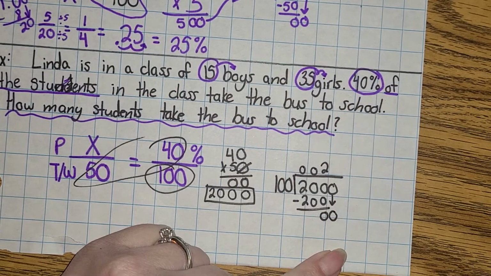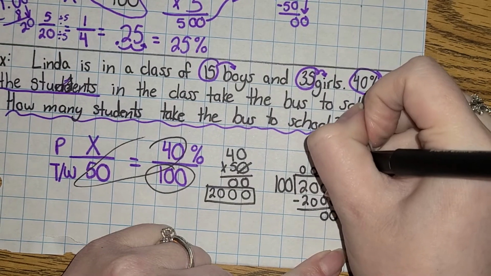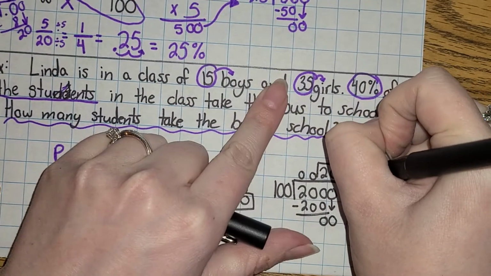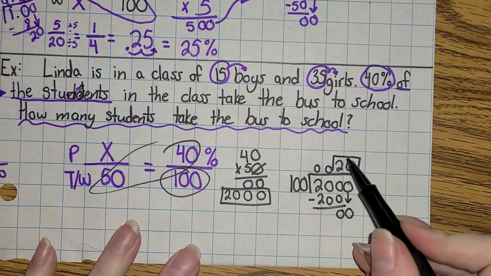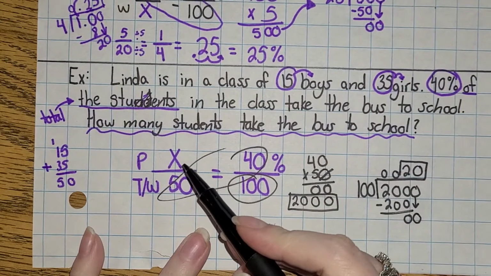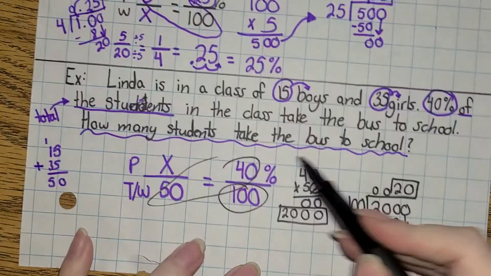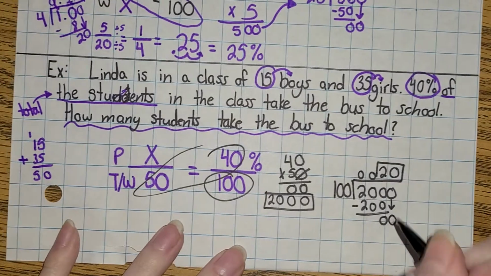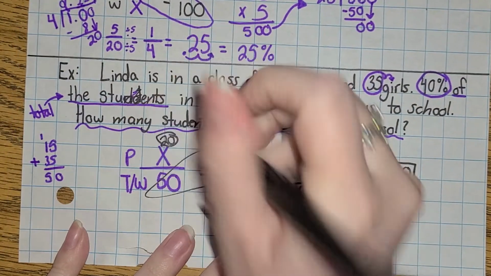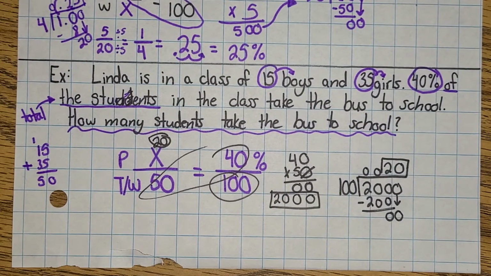And 100 can't go into it at all. So we're just going to add that 0. And it's done. There's nothing left on bottom, nothing left up here. I'm done. All right. So out of all 50 students, 40% took the bus, and that was 20 students. So 20 is 40% of 50.